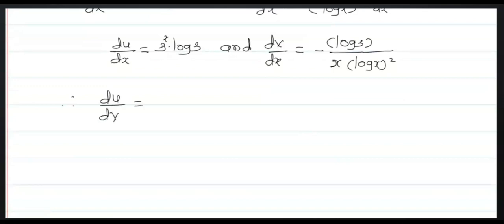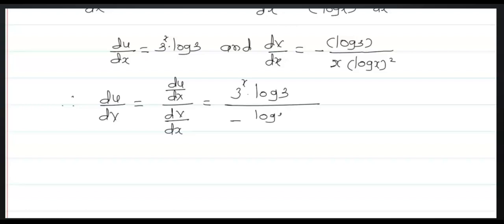Therefore, du by dv is equal to du upon dx upon dv upon dx, that is 3 raised to x log of 3 upon minus log of 3 upon x into (log of x) bracket square.